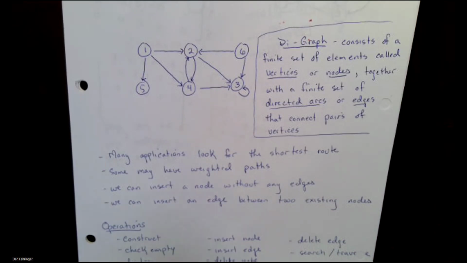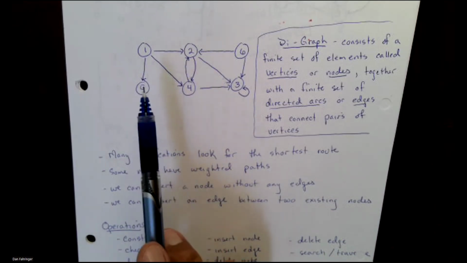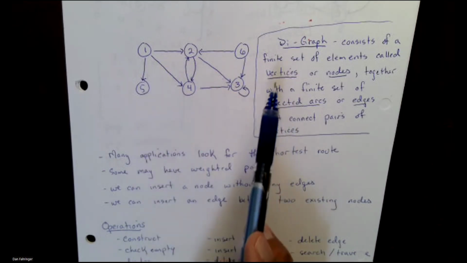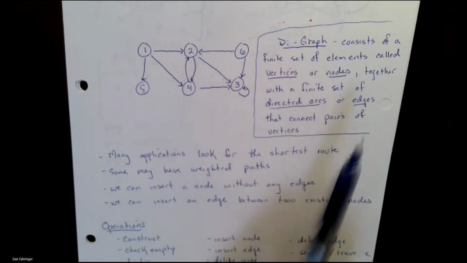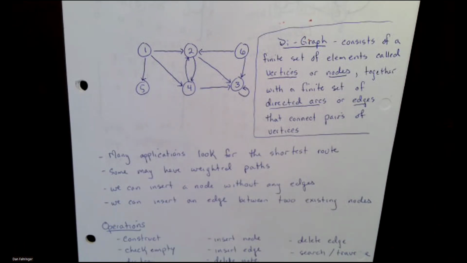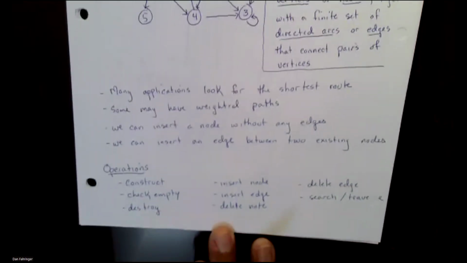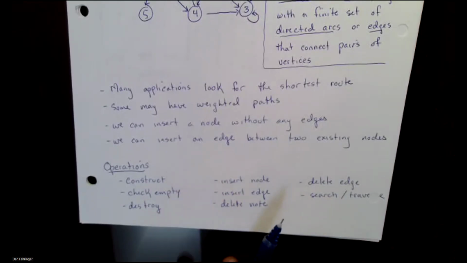So going back to that construct, insert, delete, the insert and delete are going to have to work with 2 different things, the nodes and the vertices. Again, lots of stuff we could write as far as functions that we might use.